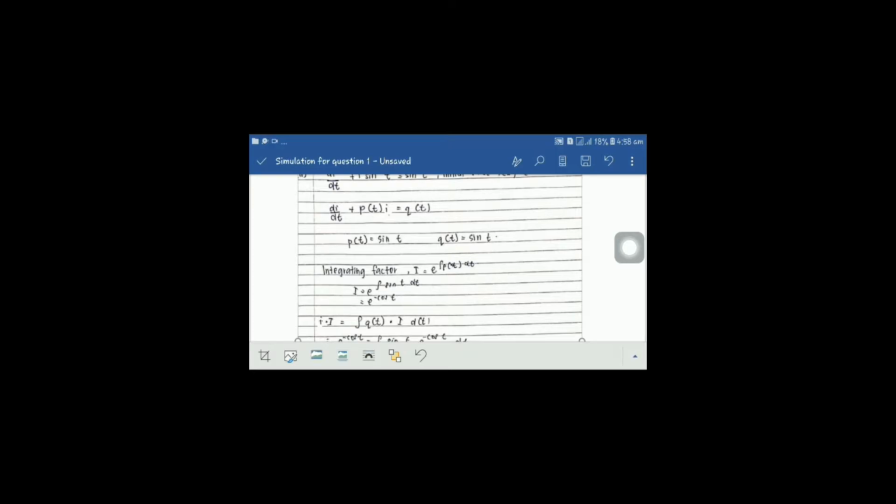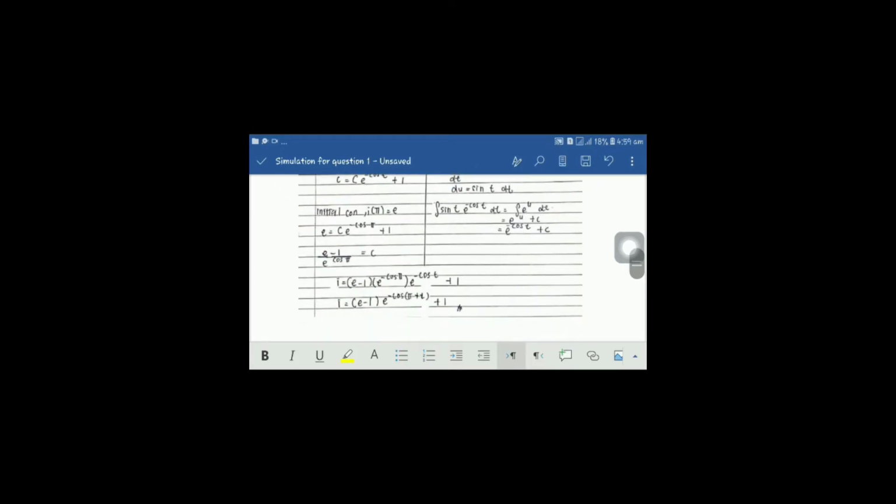The second step is to find the integrating factor, by substituting P(t) dt. We get exponent of negative cos t. After that we use the formula: y times the integrating factor equals the integral of Q(x) times the integrating factor dx.